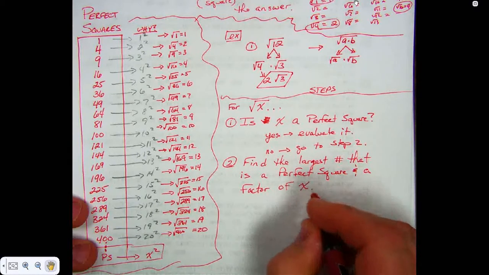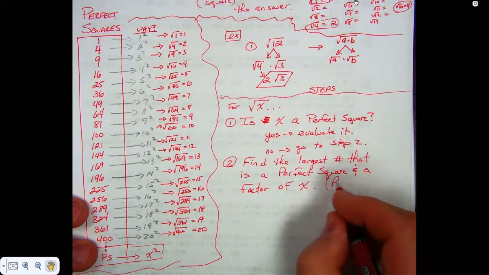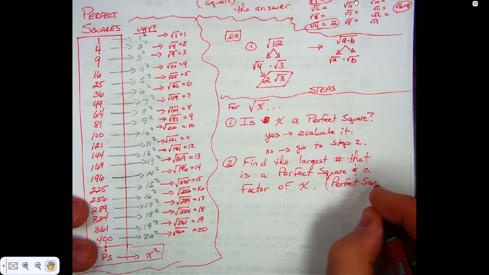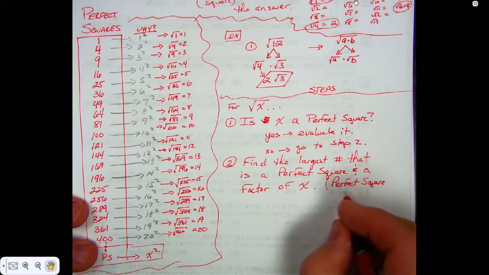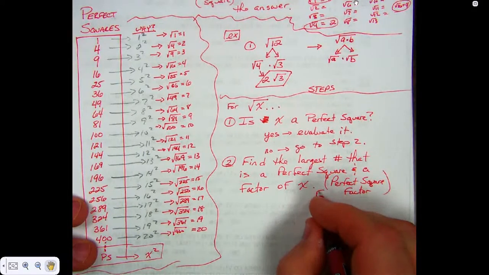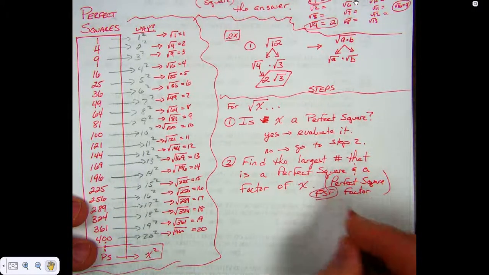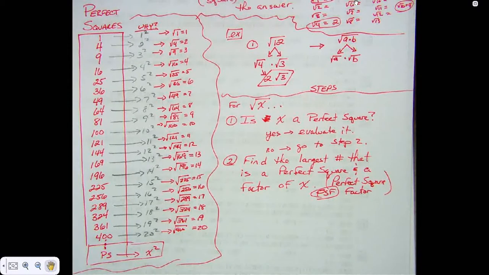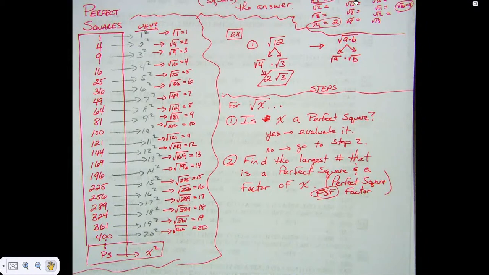We're going to call this our perfect square factor, and of course I'm going to call it your PSF, perfect square factor. Like GCF, greatest common factor. This is our greatest perfect square factor.